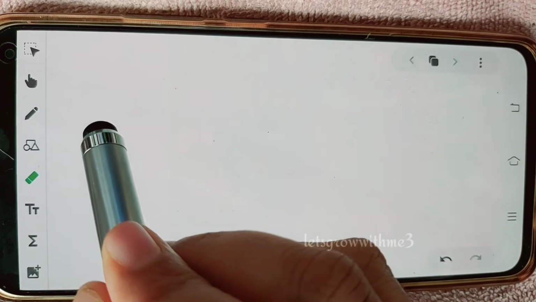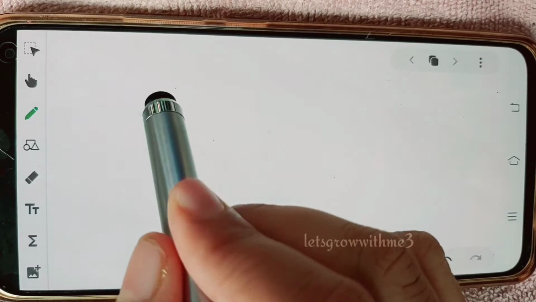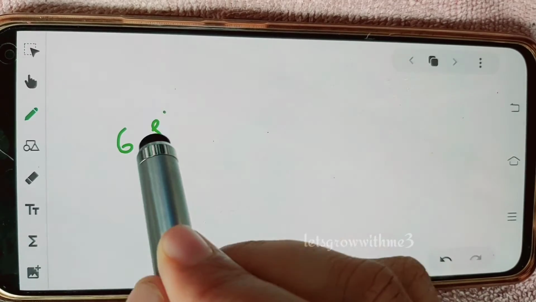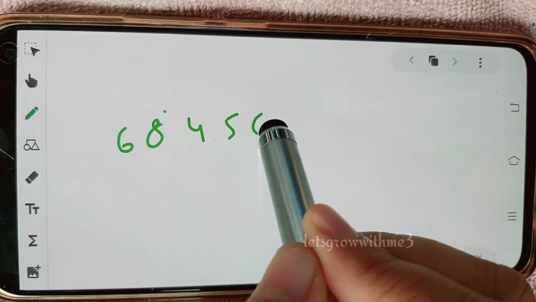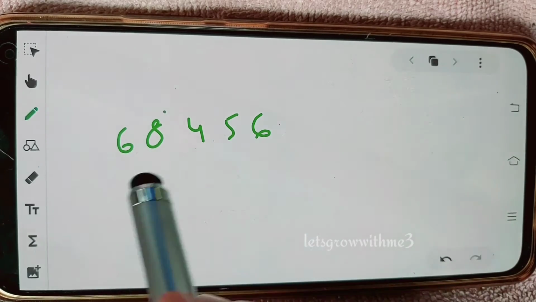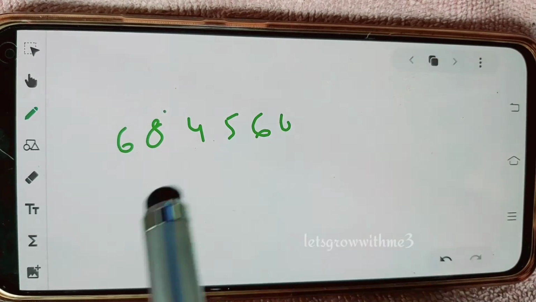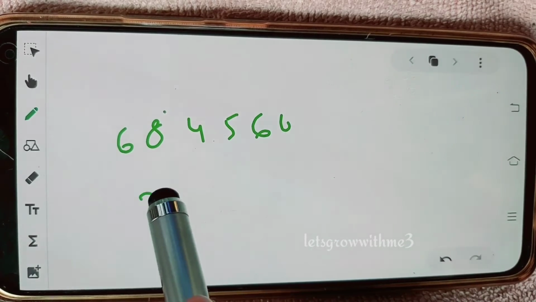Okay, and let's consider one more. Our next number is 68456. What we need to do is just append 0, which means we are multiplying with 10, then we take half of this number.